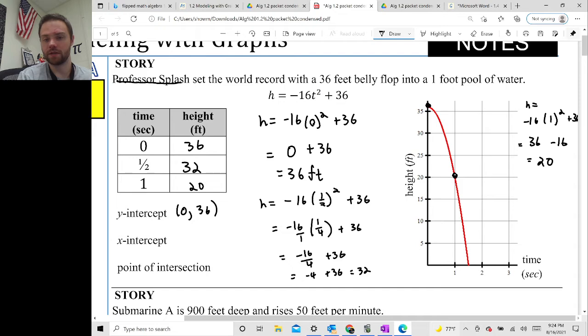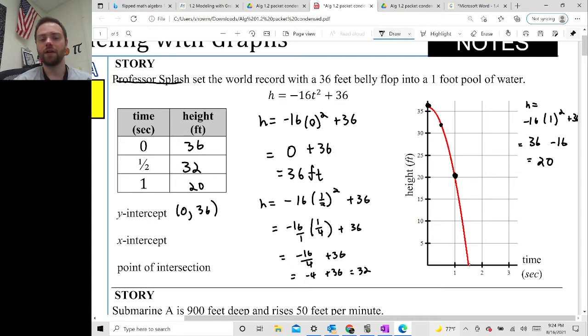So we've looked at half a second, which we're right about there. So that's pretty good for 32 feet. And then what you'll notice is that as time goes on, Professor Splash is further down, okay? And right here is where he hits the bottom. That's where he hits the pool and the action happens.